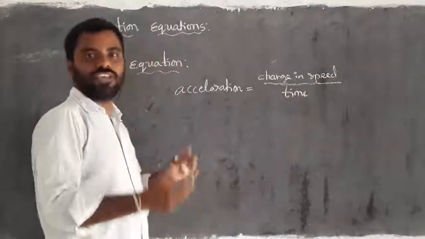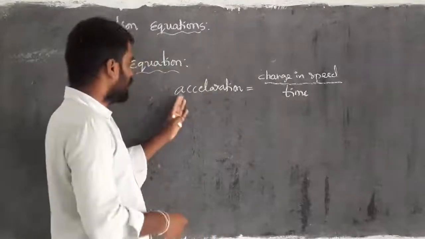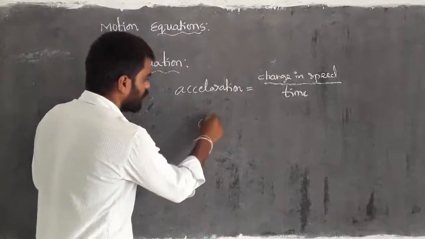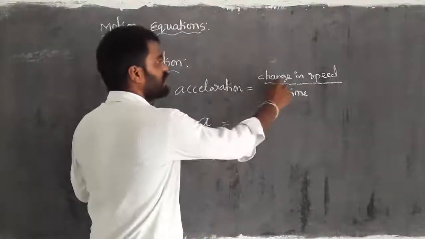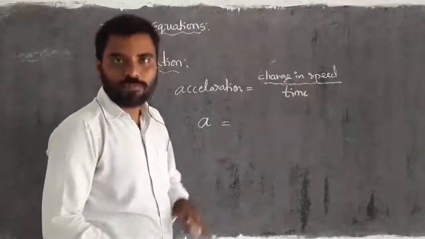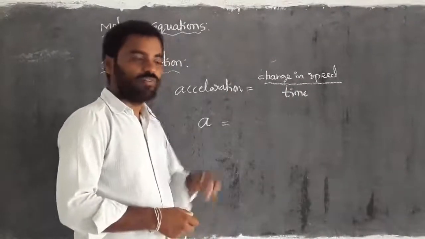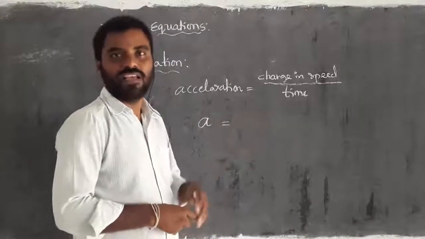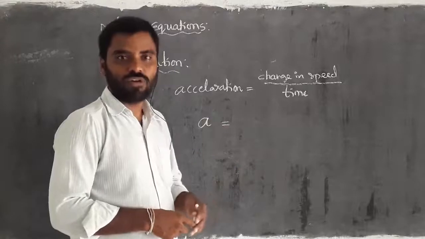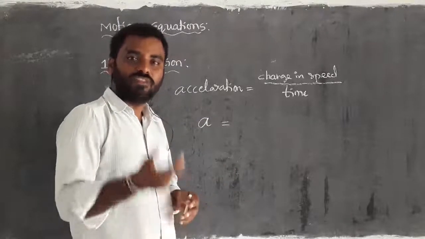The rate of change of speed we simply call acceleration. The acceleration symbol we represent with a. Moreover, for change in speed, what type of speeds or velocity there are, that is already clear. We have initial speed and final speed, and likewise initial velocity as well as final velocity.